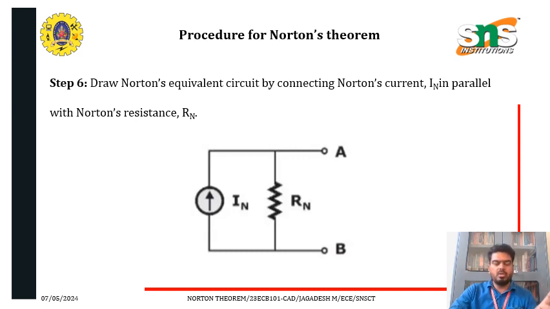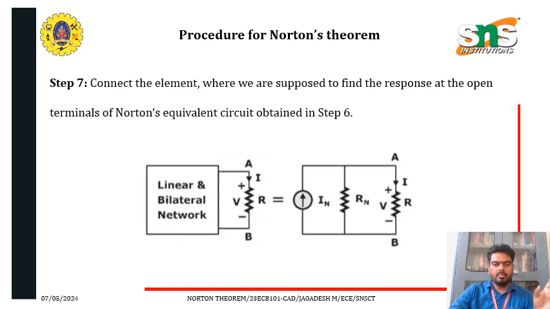This is the Norton's equivalent circuit, which has IN and RN in parallel with each other. And then step 7, if you want to find the load current value, we have to include the load resistance across the AB terminal and find the load current. So connect the element where we are supposed to find the response to the open terminal of the Norton equivalent circuit obtained in step 6.